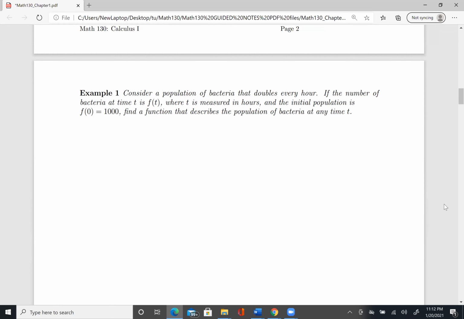Consider a population of bacteria that doubles every hour.